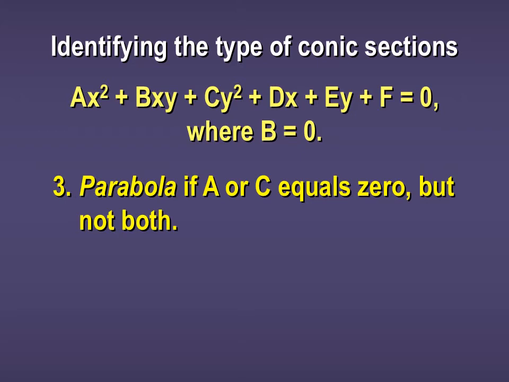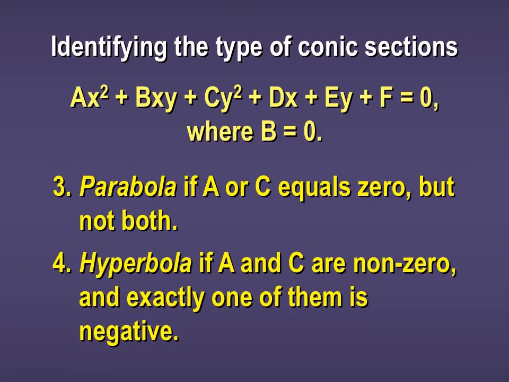Well, that's because the y squared was 0 y squared. The y squared didn't appear, okay? So we're also going to learn about parabolas that are y squared as well, and those look really interesting. Okay, if a and c are non-zero and exactly one of them is negative, so one's negative and one's positive, you have a hyperbola.